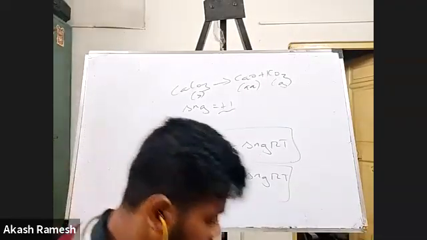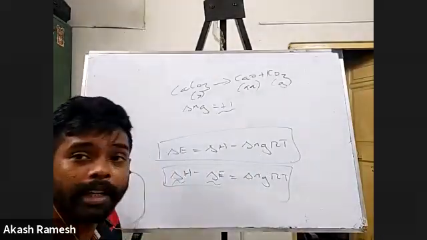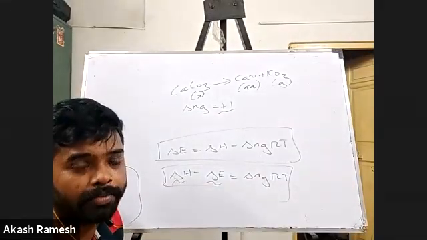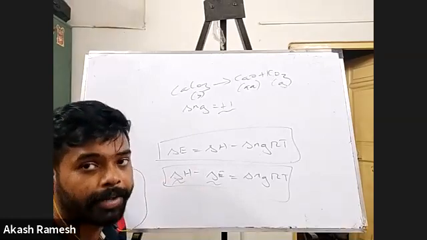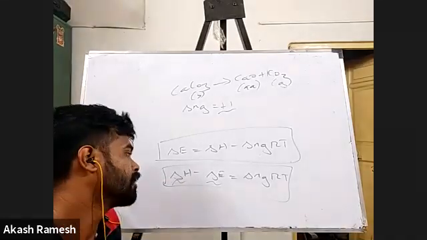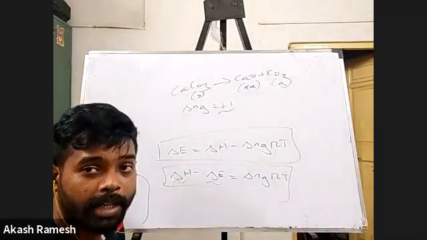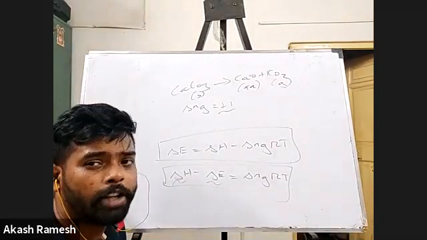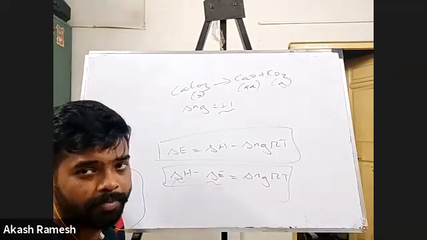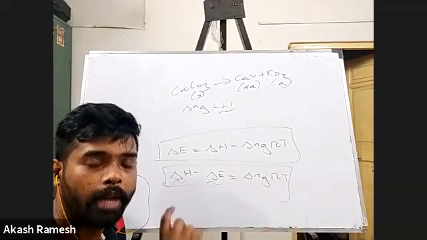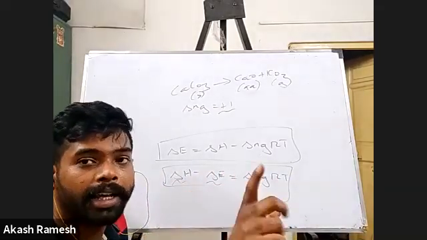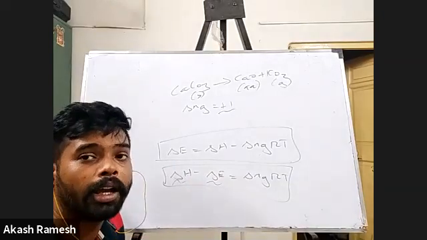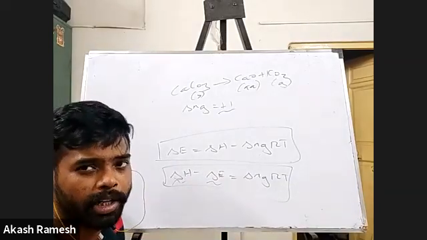Okay, right. Now, people, in case of chemical reactions, which is better suited? We can either use delta H or we can use delta E. Which will I use is a good question. For a chemical reaction, there will be a certain value of delta E and delta H. Now which should I take for my calculations?